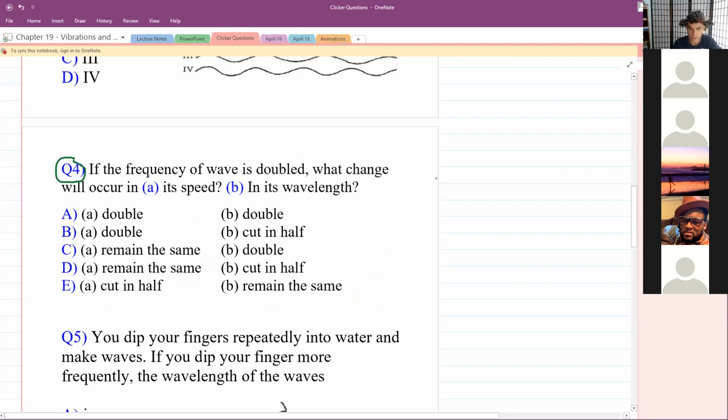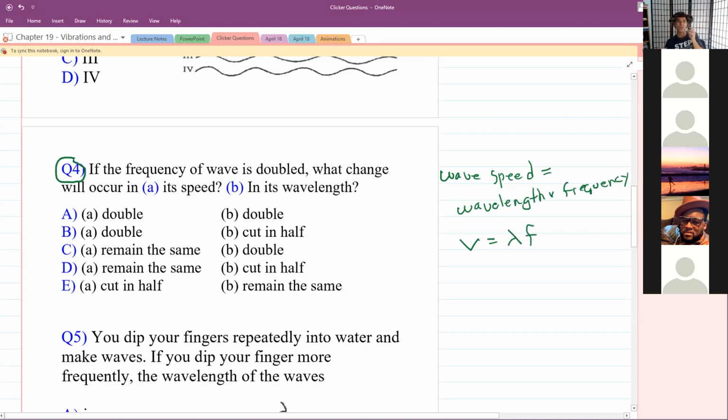So we know wave speed equals wavelength times frequency.